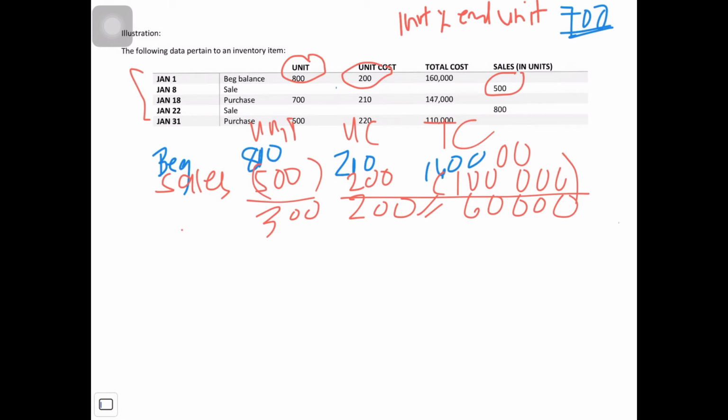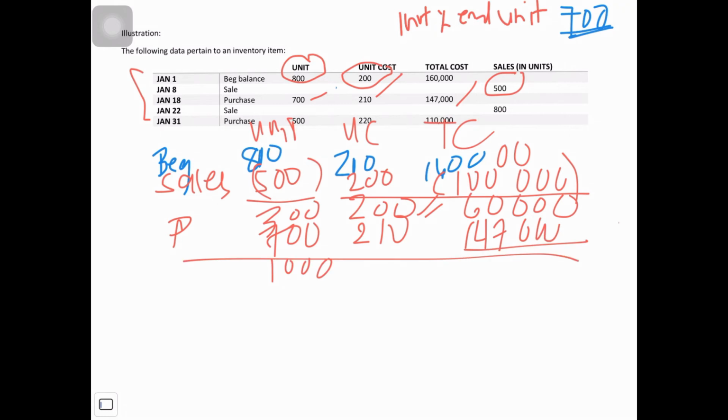So next is purchases guys. How much? It's 700, and then the unit cost is 210. Total cost is 147,000. So pila na tanan guys? This would be 1,000. This one 147 plus 60. It would be 207,000.